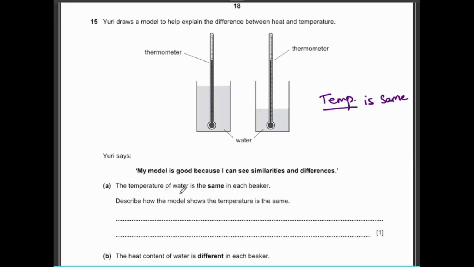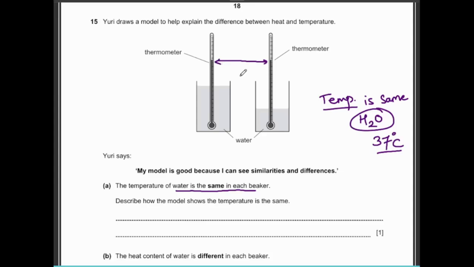Now if the temperature of water is same in each beaker, assume it is at room temperature, 30 degrees Celsius or 37 degrees Celsius. What we can see in the thermometer, they did not mention which type of thermometer, alcohol or mercury thermometer. So we can see the liquid present in the thermometer is at the same level, and if it is at the same level, that means the temperature is same.